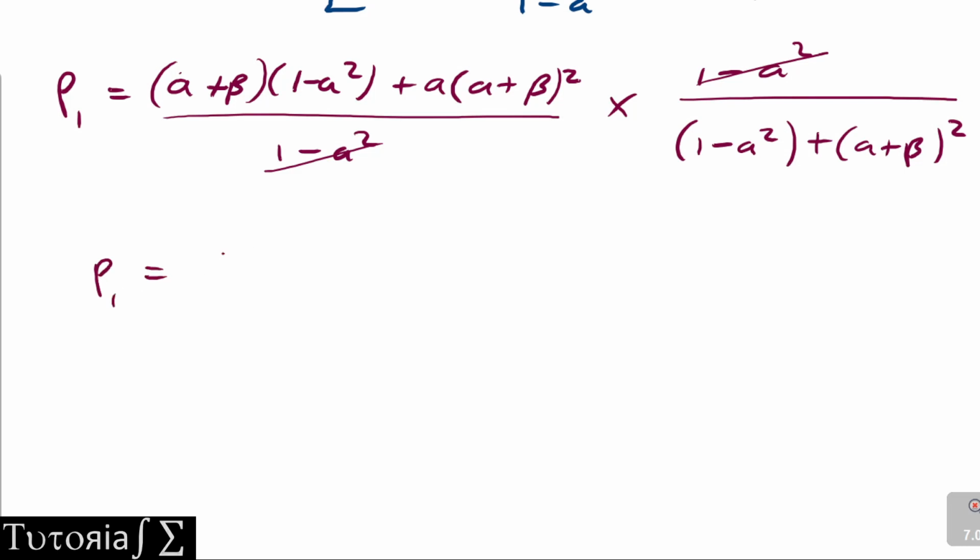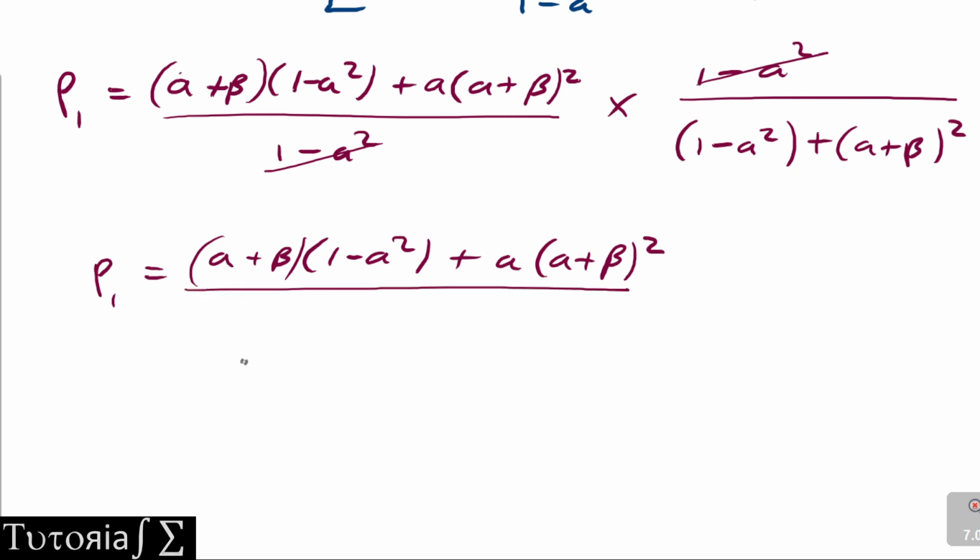1 being equal to a, but we can factor out a plus beta here on top, and basically we're going to have a plus beta, or we factor out 1 minus a squared plus a plus beta squared all over this part, which is 1 minus a squared plus a plus beta squared.